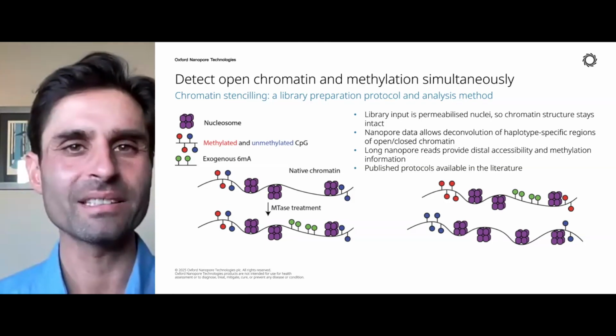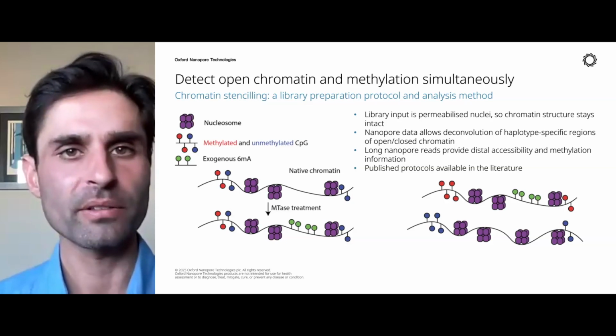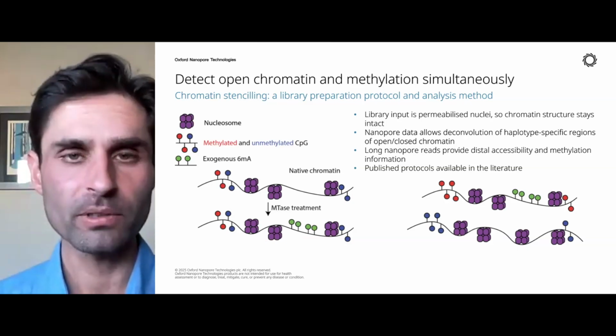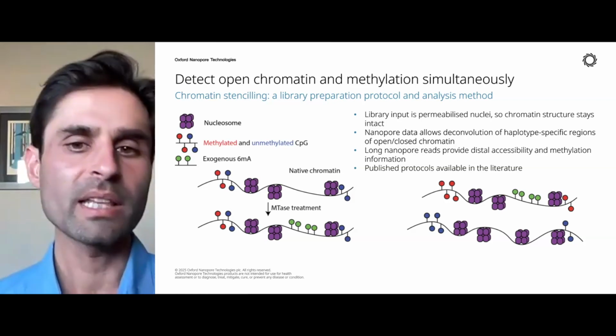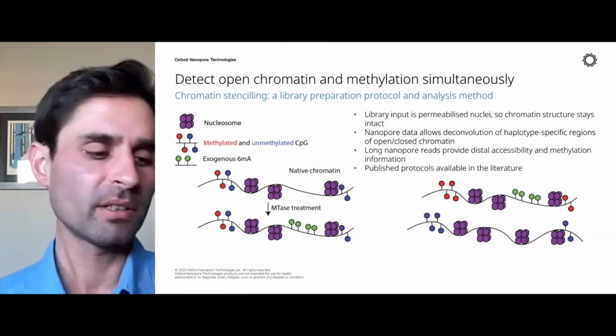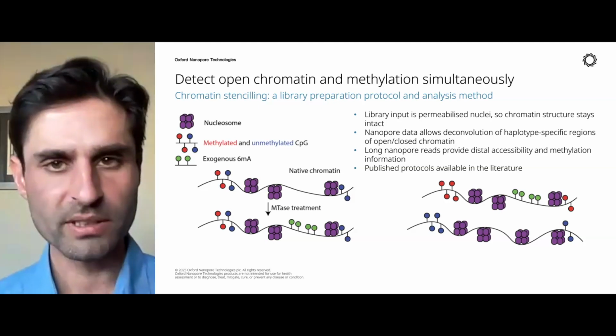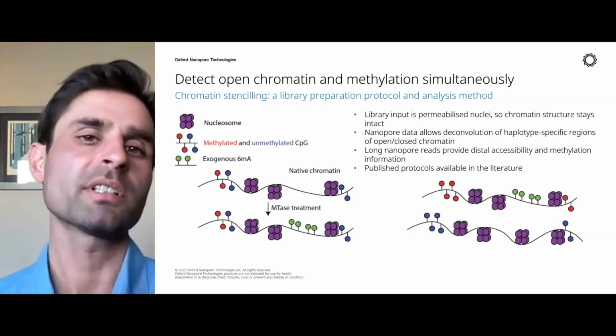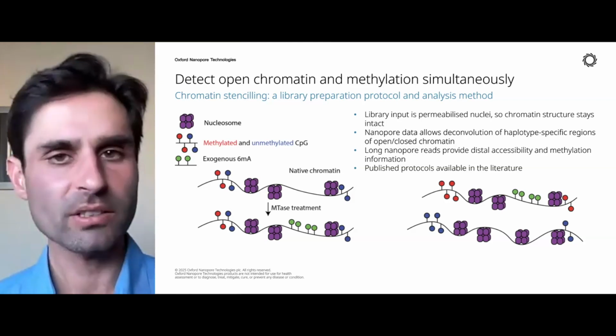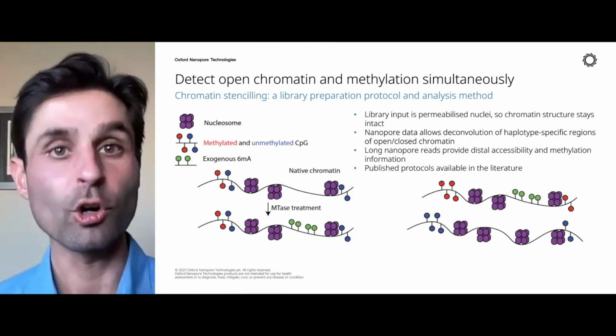It puts an exogenous methylation in your sample, exogenous meaning it doesn't normally occur in that biological system. Then you simultaneously measure the base call, the read sequence, and the endogenous methylation, which is the CpG methylation in our case, and the exogenous methylation is indicative of open chromatin.